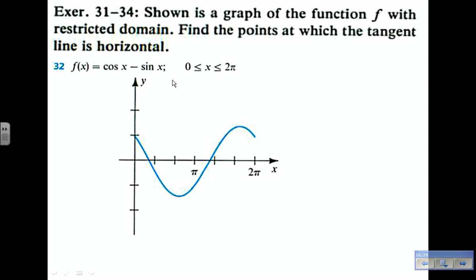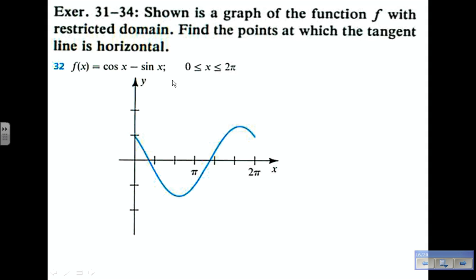How many answers do you think are going to be on this graph where the slope of the tangent line equals 0? Two. Here and here. You guys ready? No, it's not those two. What's the question? Excellent!